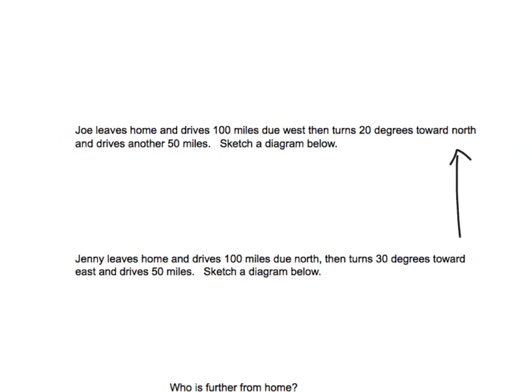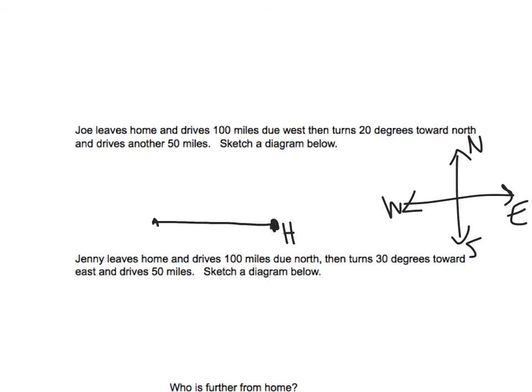Remember, we have our compass, never eat soggy waffles. So we have Joe, and he leaves home and he's driving west. Let's put his home here, and he drives 100 miles west and stops. Then he turns 20 degrees north.